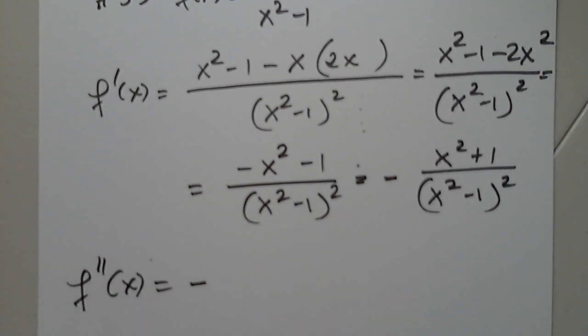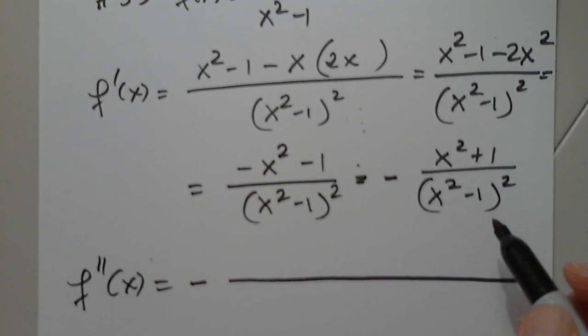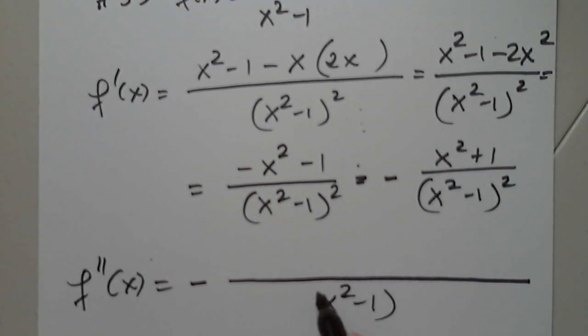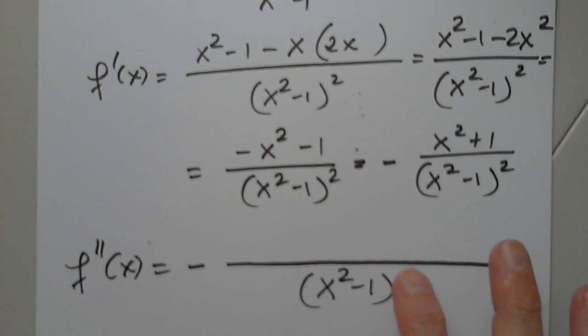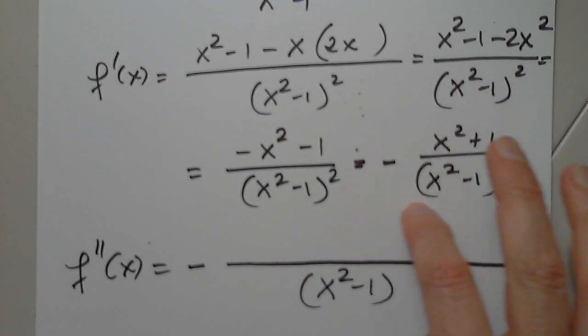Negative 1 can stay outside as a constant, a factor. The denominator changes into x squared minus 1 to which power? We're differentiating this function now.